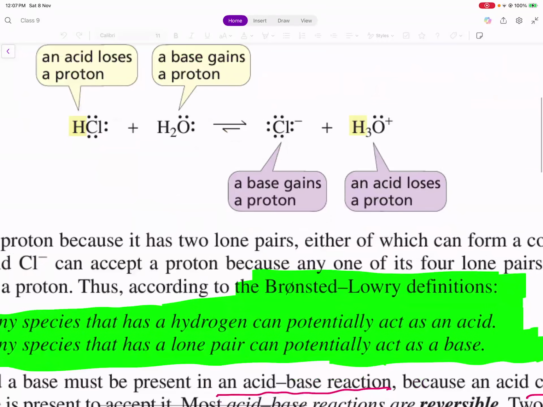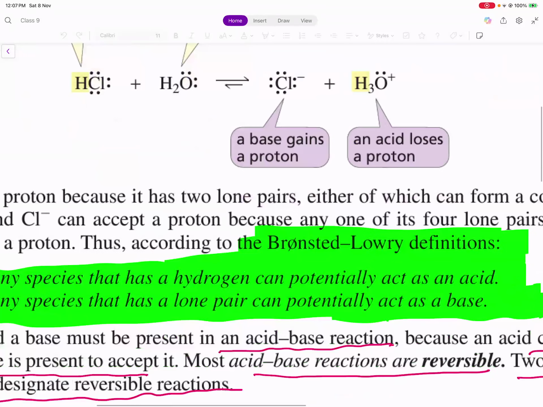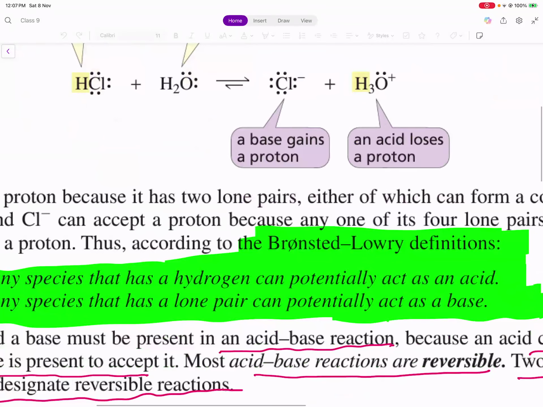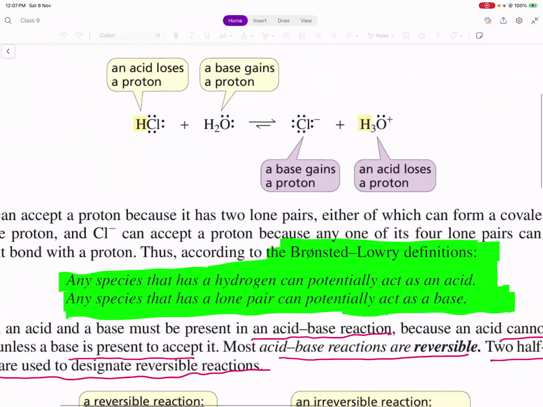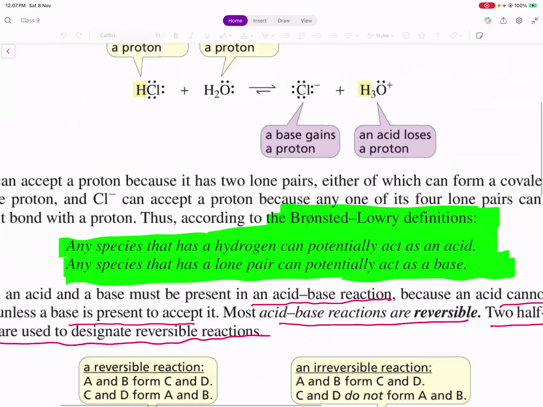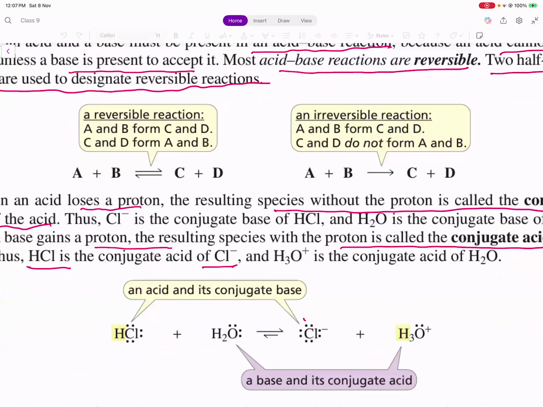Similarly, we can look at the reverse reaction also. In the reverse reaction, Cl minus is the base, H3O plus is the proton donor. Then we looked at reversible and irreversible reactions.